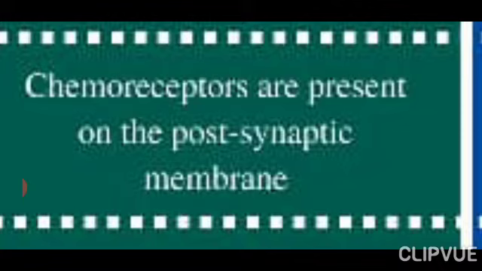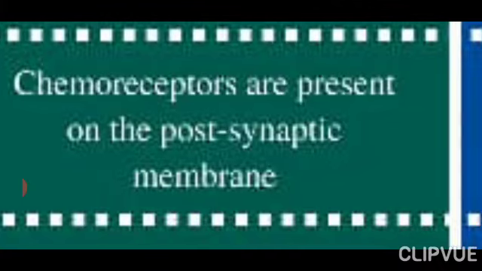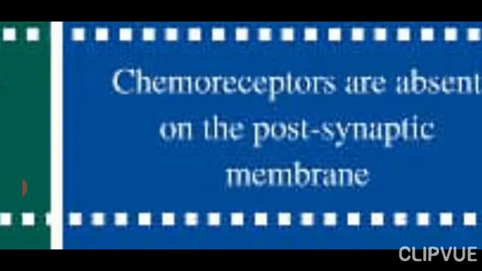What are chemoreceptors? They are the receptors that the neurotransmitters coming from the presynaptic membrane are going to bind to, to initiate specific action at the postsynaptic end. However, in the electrical synapse, they don't need postsynaptic chemoreceptors. Why? Because there's no neurotransmitter binding to them.